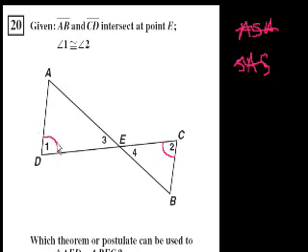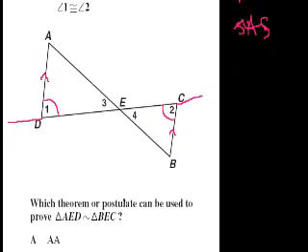In fact, I think that's enough to show that this line is parallel to this line. If you view DC as a transversal between these two lines, and the alternate interior angles are congruent, you know that those are going to be parallel lines. But anyway, I don't know if that's at all useful. What are they going to ask us?